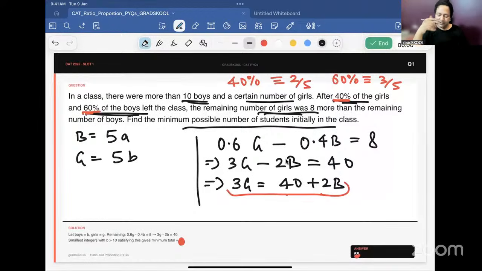Now try doing it. So you have this equation, you have this. And now look at the numbers which are multiples of 5. So start doing it again and tell me the answer now. I'll again wait for 30 seconds. Let's see who does that.